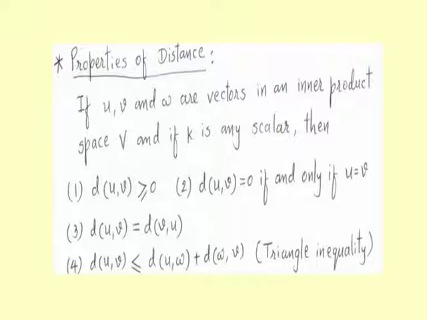Second is distance between u and v is equal to 0 if and only if u equal to v. Third one is distance between u and v is nothing but distance between v and u. Fourth one, triangular inequality. Distance between u and v is less than or equal to distance between u and w plus distance between w and v. One can prove this property by using the properties of norm.